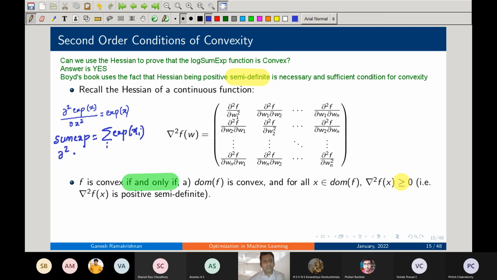Then what is the double derivative of sum exp? I can't talk about a double derivative, obviously, as there are multiple xi's. I can talk of the Hessian. What is this Hessian going to look like?